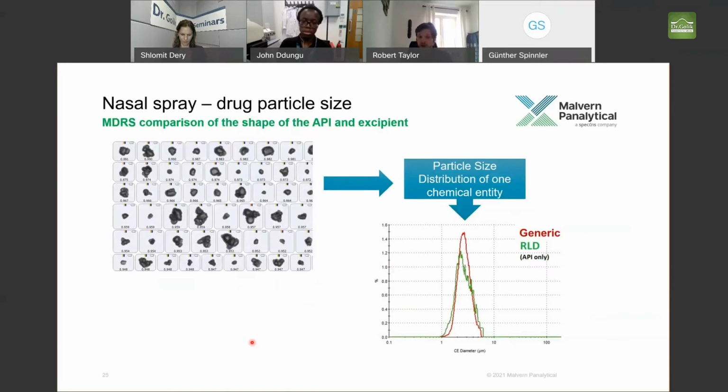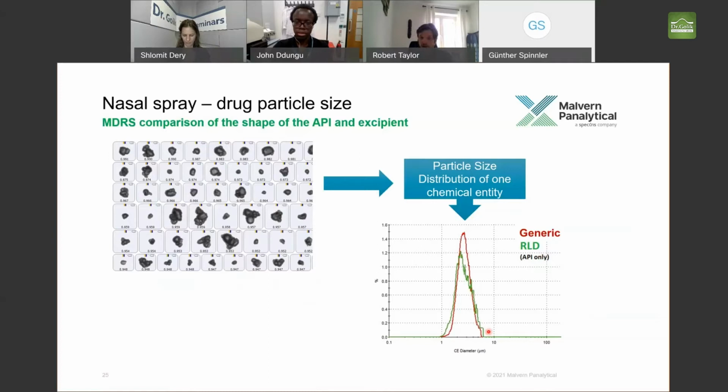Okay, so we've run two scans, one on generic, one on the reference listed drug. We've isolated the active ingredient through the MDRS technique, and now we've compared the size distribution of just the active ingredients alone. And this is why we can demonstrate that we have bioequivalence between these two products.